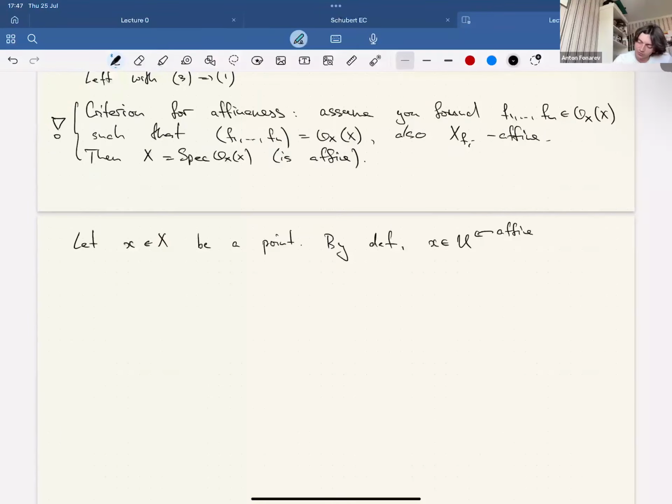Let Z be the complement of U. Then in particular, we have the ideal of functions. We have closed subschemes.